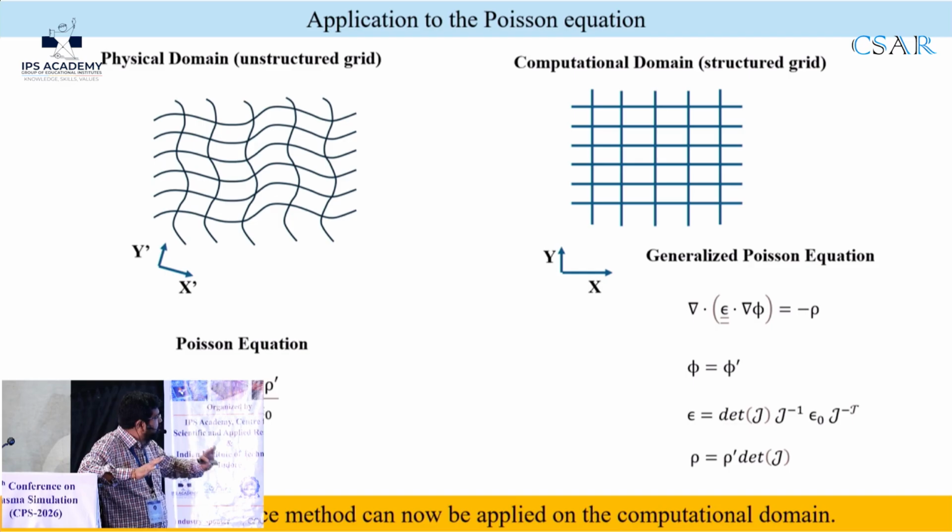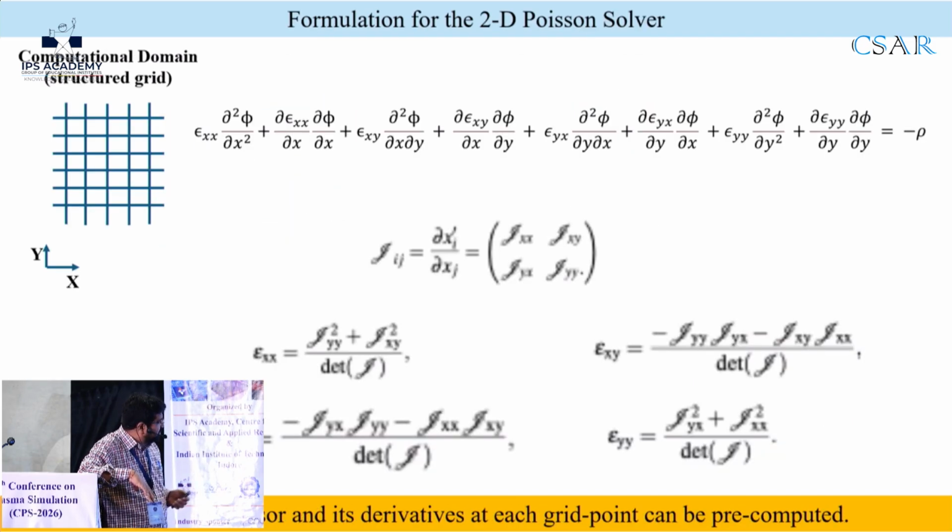What we will do is find a mapping from the computational domain to the physical domain, compute these matrices and charge densities, and then solve it. Essentially, that is a very straightforward way once you know how to do this mapping. In the 2D formulation, because we are solving a generalized Poisson equation, it takes a somewhat awkward form, but it is doable with finite difference.